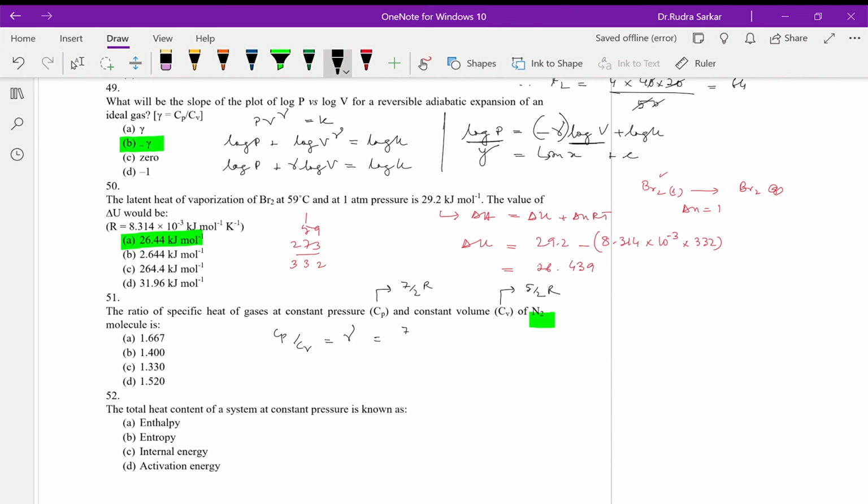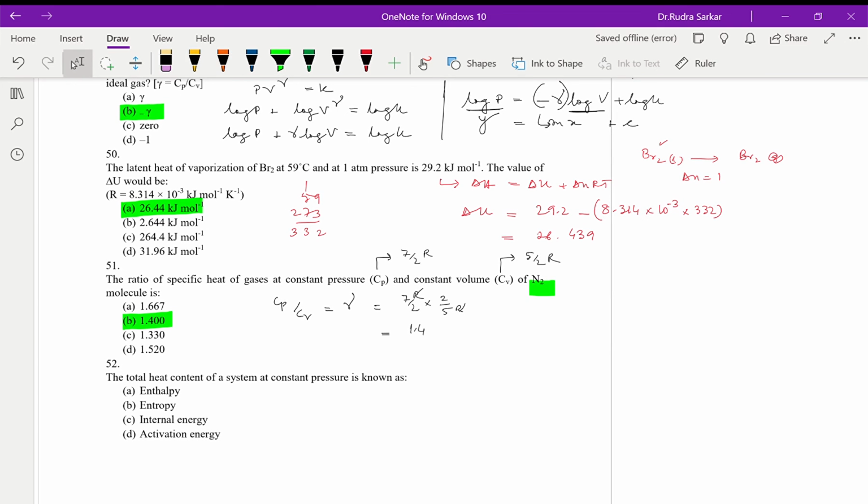So we will say 7 by 2 into 2 by 5. This and that cancel, so it is basically 7 divided by 5. So that is 1.4. So the answer over here is this one.